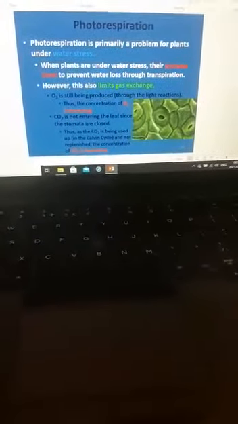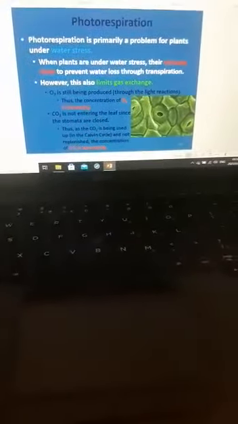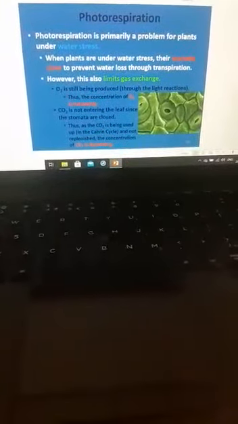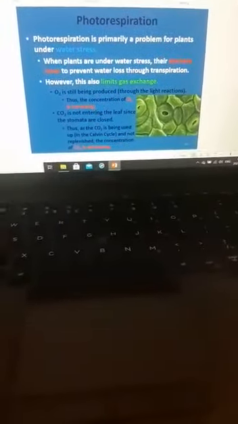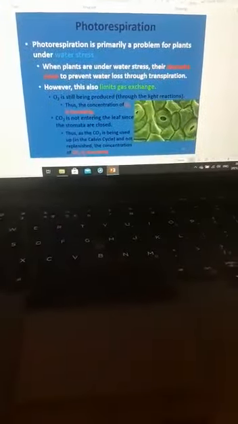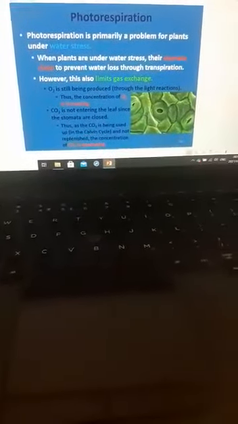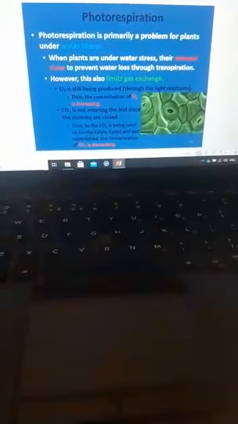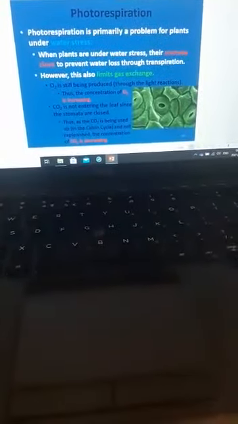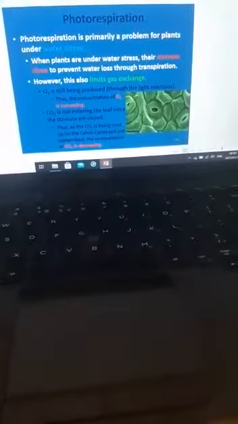You will understand what I'm talking about when we start dealing with the C4 plants in the next slide. You will see there are plants that do not deliver carbon dioxide straight into the Calvin cycle, even when that carbon dioxide is inside the leaf of the plant. Those are called C4 plants, and others are called CAM plants.